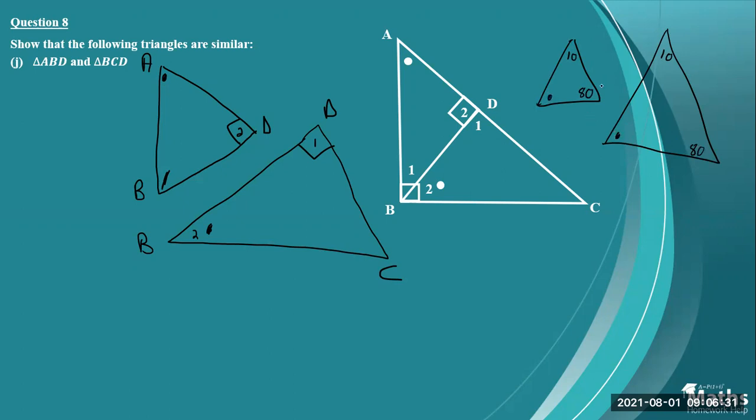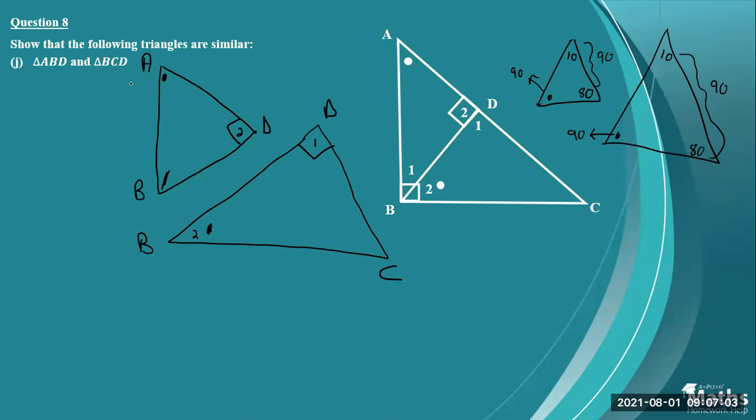Why? Because of interior angles of a triangle. If this one is 80 and that one is 10, it adds up to 90. Interior angles must add up to 180, so 90 plus 90. So that one then must be 90. Same with this one: if that one is 10 and that one is 80, it will add up to 90. Therefore, this one will be 90.